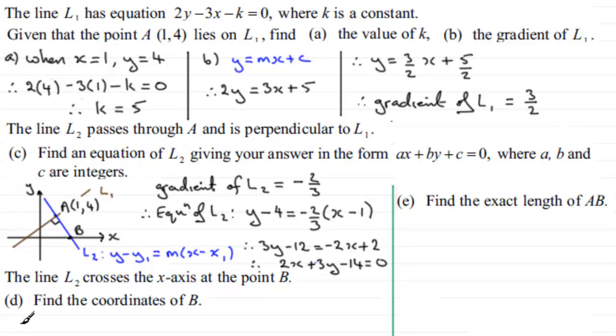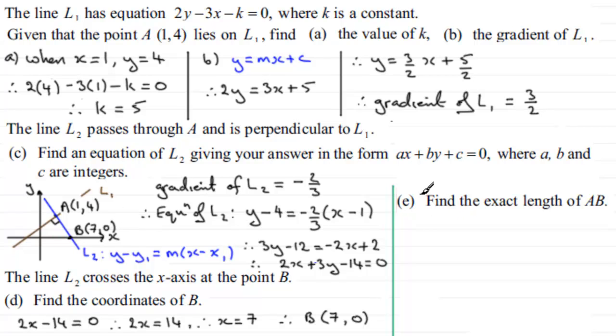And if we do that, we're going to have that 2x minus 14 must equal 0. And if I add 14 to both sides, we're therefore going to have 2x equals 14. And if I divide both sides by 2, we're therefore going to have that the x coordinate of B is 7. So the coordinates of B must be 7, 0. Alright, 7, 0 for that. Let's just put that in now, 7, 0.